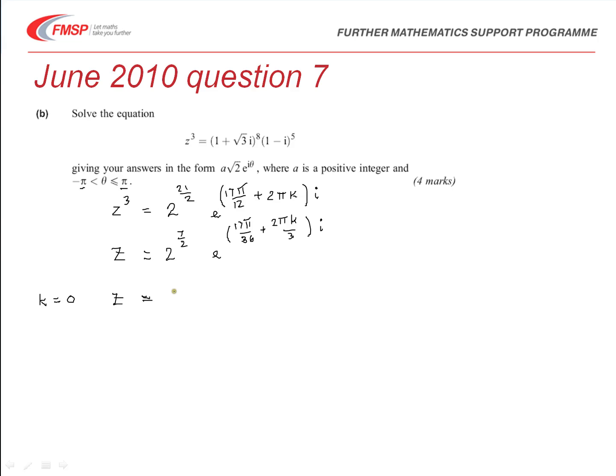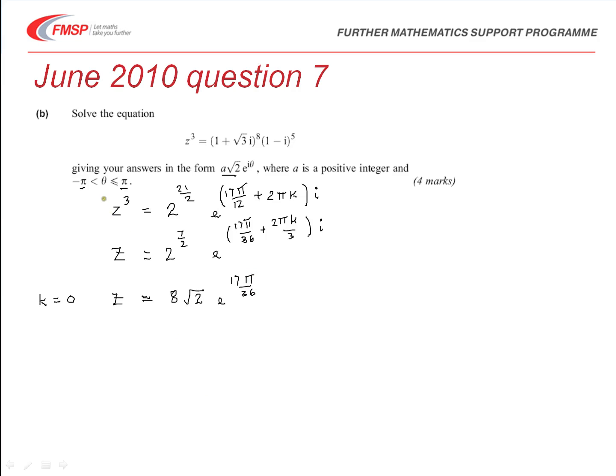And 2 to the power of 6 over 2 is the same as 2 to the 3, so that's 8. And then the 2 to the half is the root 2. This is the a root 2 bit that we require, and they'll all be the same as that. And then when k is 0, we're going to get e to the 17 pi over 36. So that's my first solution.